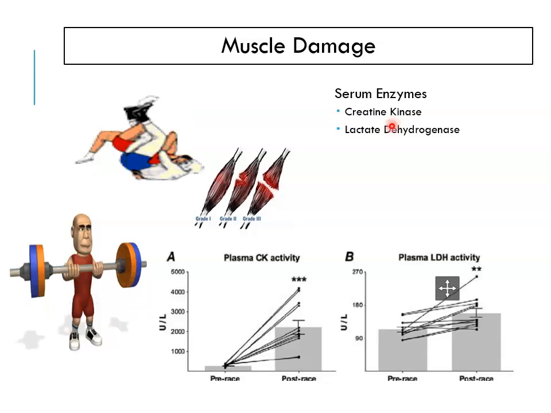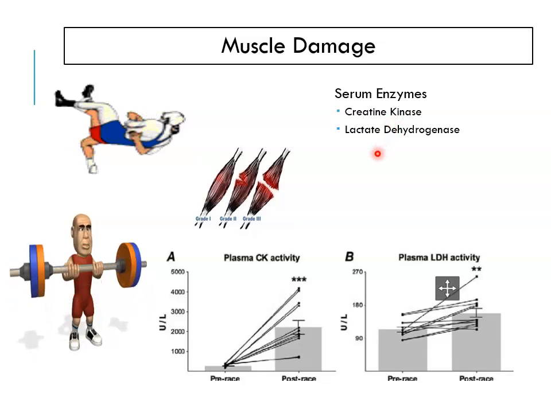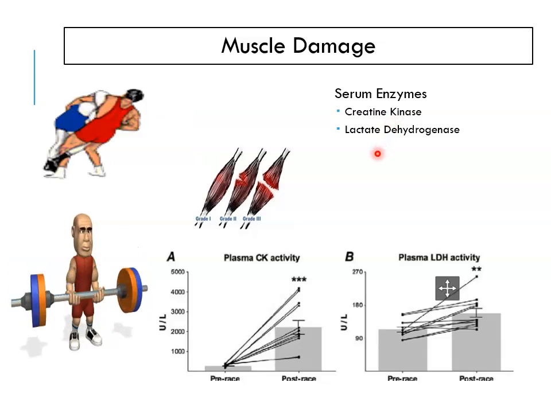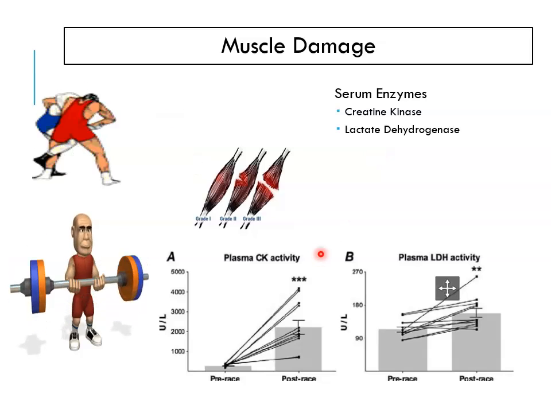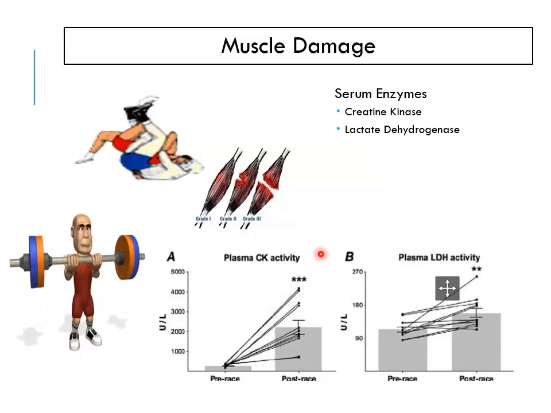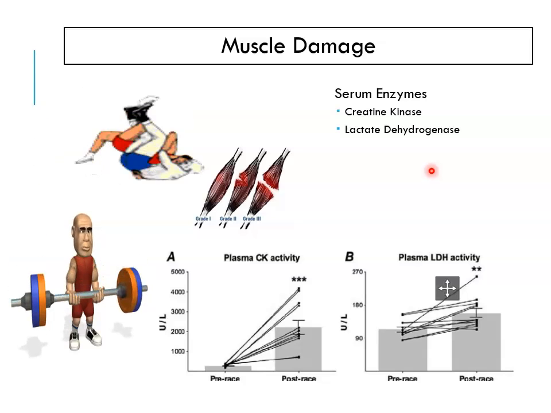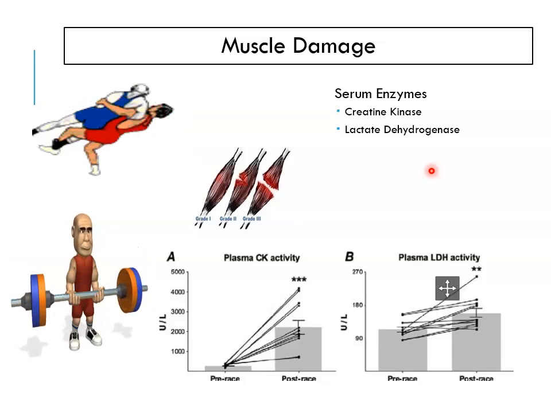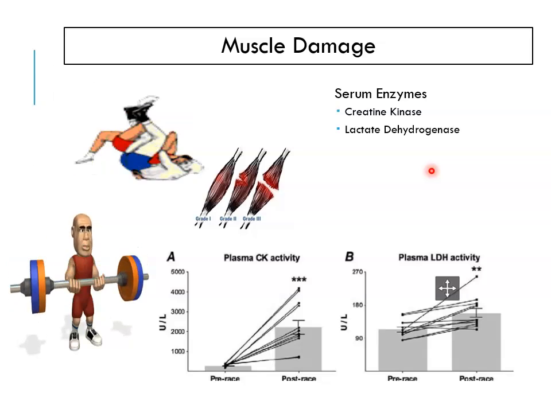So, CPK and lactate dehydrogenase can be used to diagnose muscle damage and to understand the extent of muscle damage. These parameters also can be used to monitor the recovery of athletes after muscle injury.